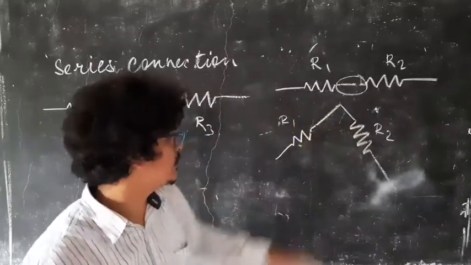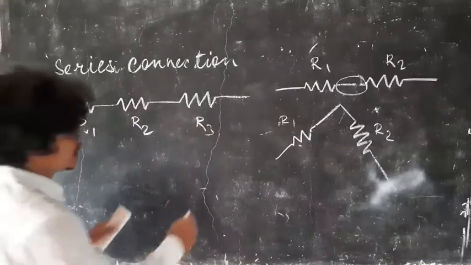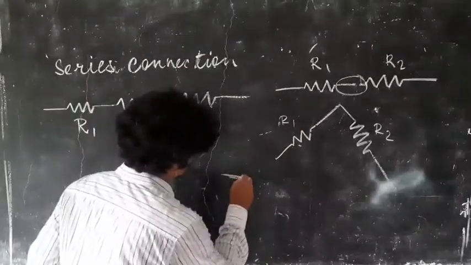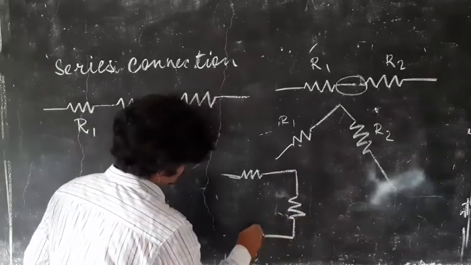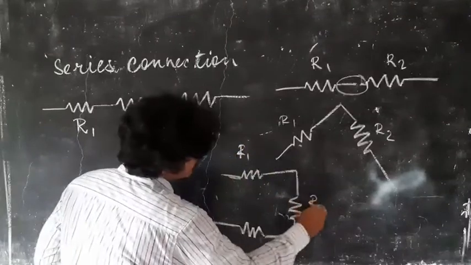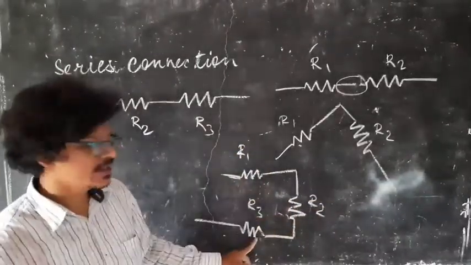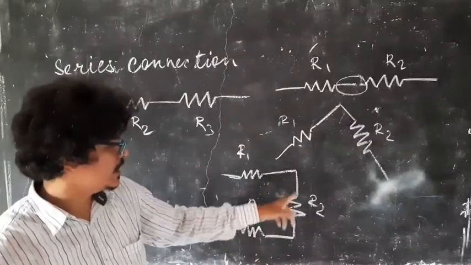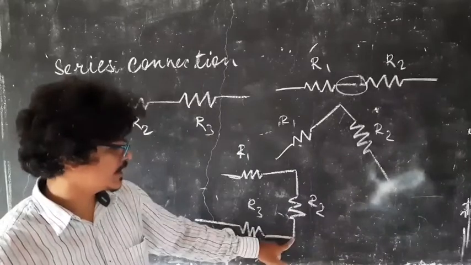Here also R1 and R2 are connected in series because the leg of R1 and the leg of R2 are connected. In this example, R1, R2, R3 are all connected in series. The leg of R1 and the leg of R2 are connected here, and the leg of R2 and the leg of R3 are connected here.